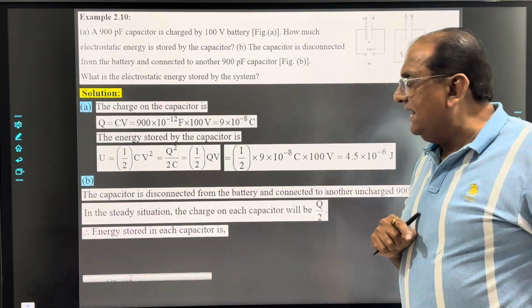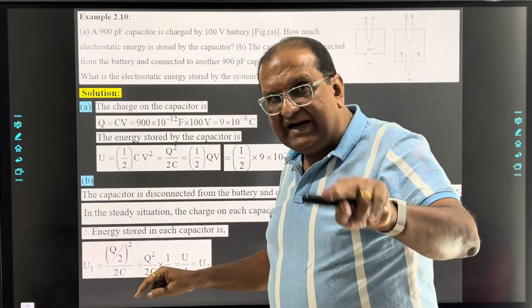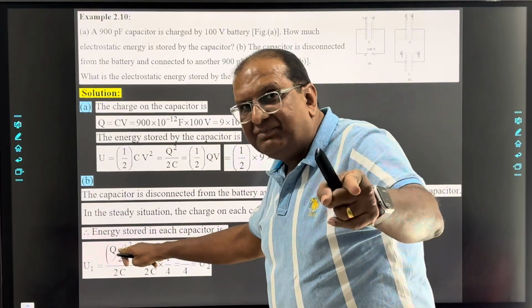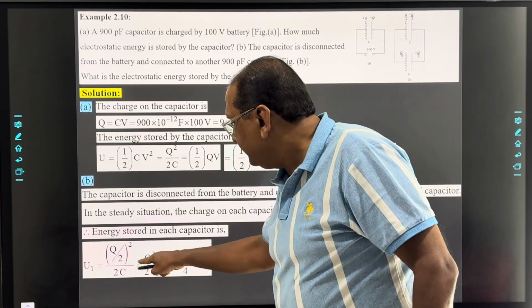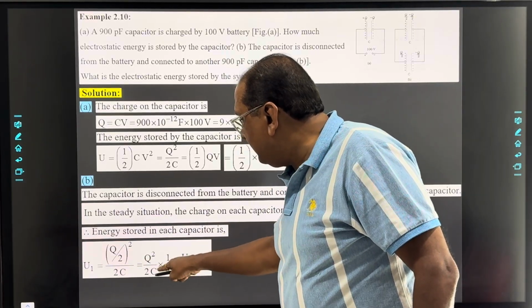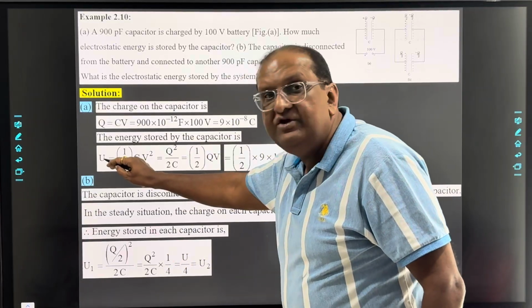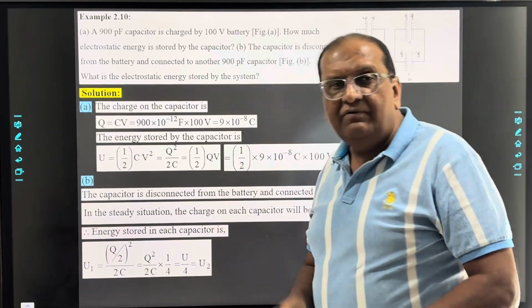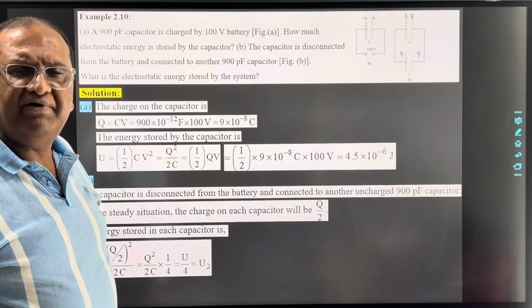Then U1 equals Q square by 2C, where the charge on that capacitor is Q by 2. So Q by 2 whole square upon 2C, which we can write as Q square by 2C into 1 by 4. But Q square by 2C is U, so that is U by 4. For the second capacitor also, the energy stored will be the same.